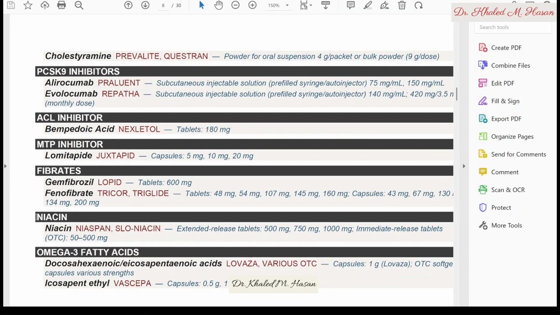Niacin is like withdrawn or obsolete from the clinical practice now, according to the new guidelines. Niacin, we have Niaspan. Then we have omega-3 fatty acid. We have Lovaza, and other medication. We have Vascepa, icosapent ethyl.